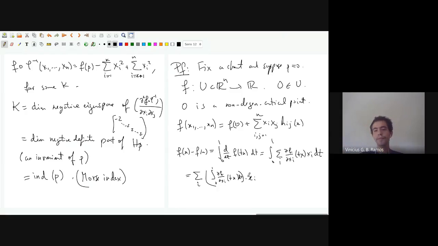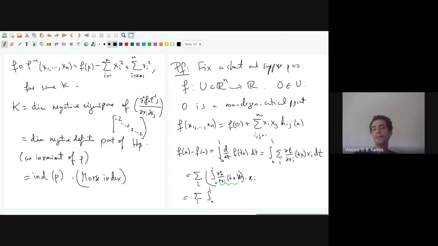And then I play the same game with this guy here. So this is going to be equal to the sum over i of the integral from 0 to 1. So this guy, but I take the difference between this and the value of this function at 0. But 0 is a non-degenerate critical point, so all the partial derivatives are 0.